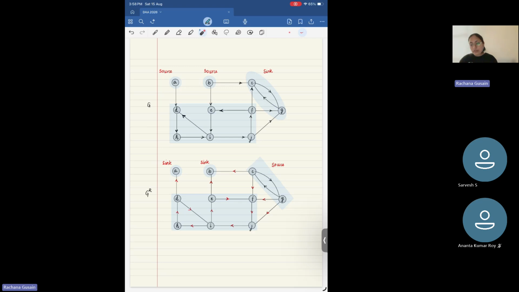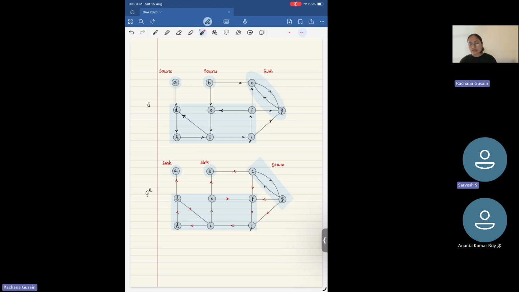Now I run DFS on G starting from a node in the sink SCC, and I will only get C and G, because that is what we had discussed, right? If I start my DFS from C or G, I'm only going to explore just these two vertices. So that will give me one strongly connected component.